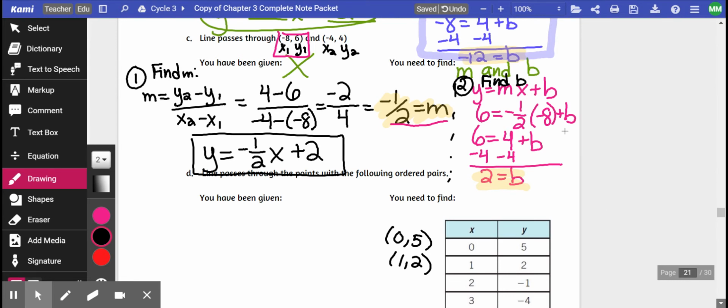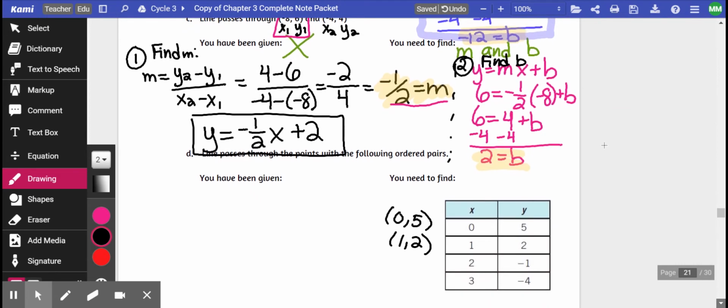So what we could do is we could just use 2 points and go through the steps of first finding M and then plugging everything into our equation to find B. However, we can be a little bit more creative with finding out what M and B are.